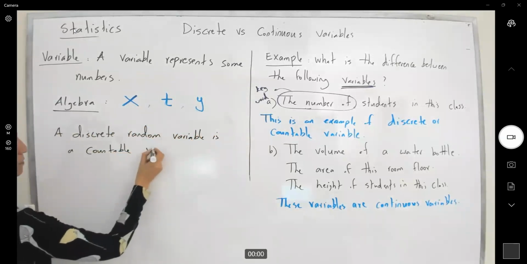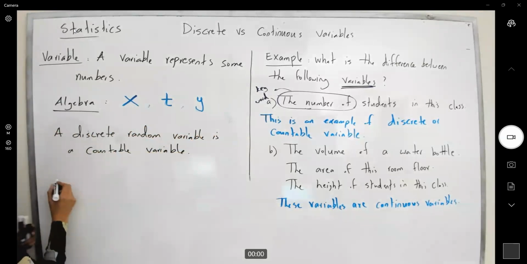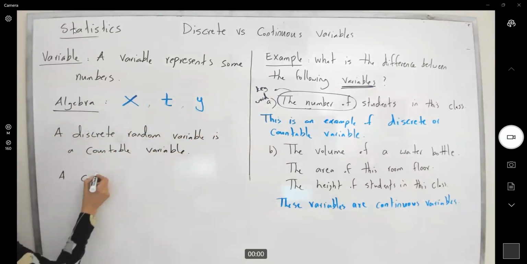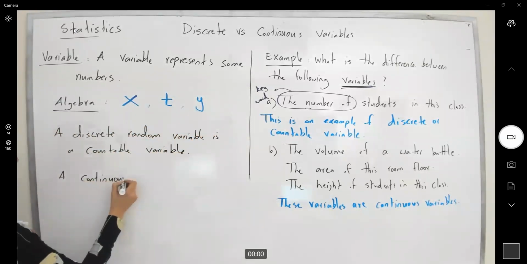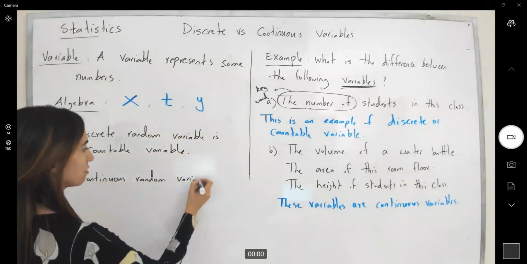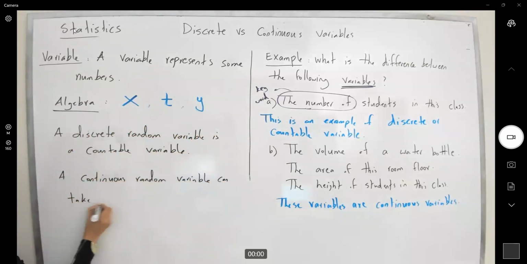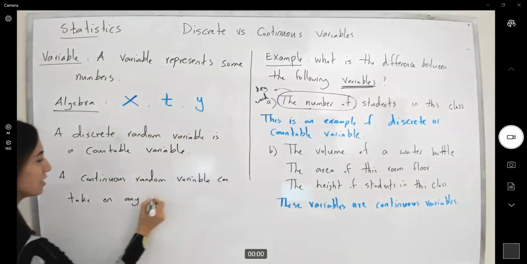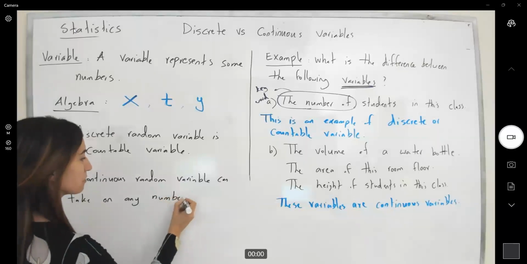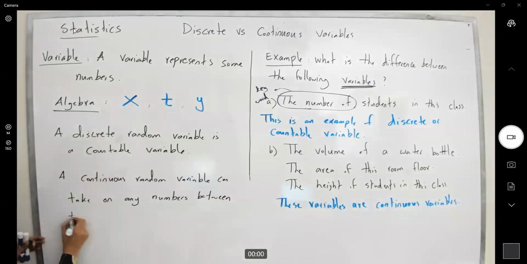That's it. You can count it. A continuous random variable can take on any numbers between 2 other numbers.